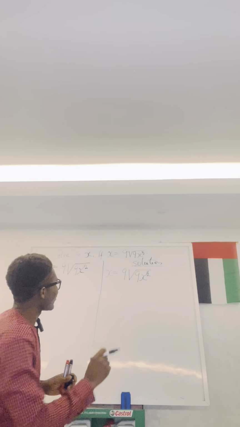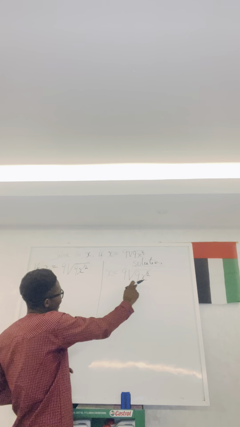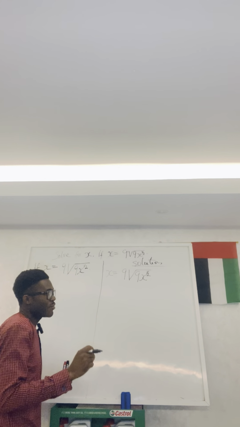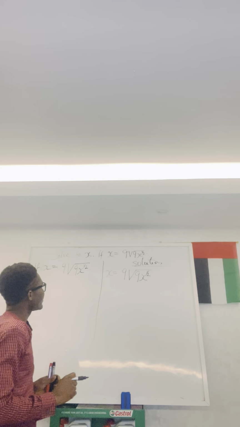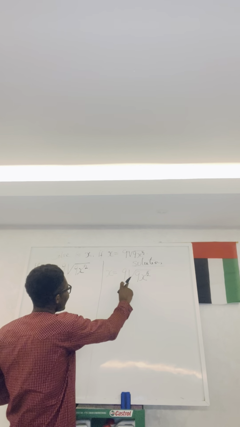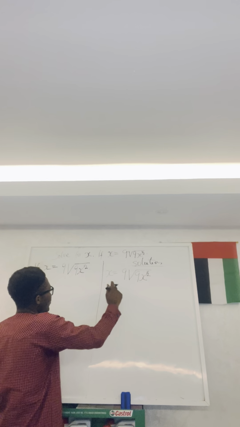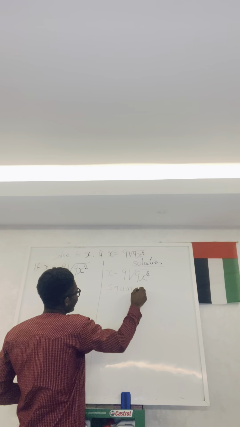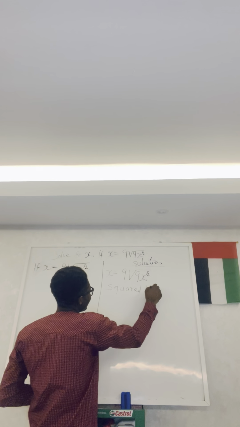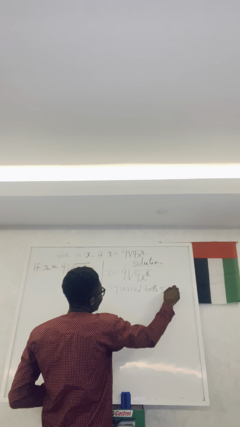If you look at the question, you find out that x is here and also x is here, and we are asked to find a single x. So what you need to do now, looking at the question, is to notice that there is a root here, so you square both sides.